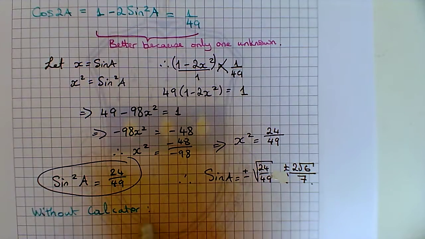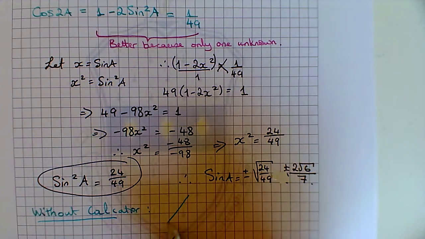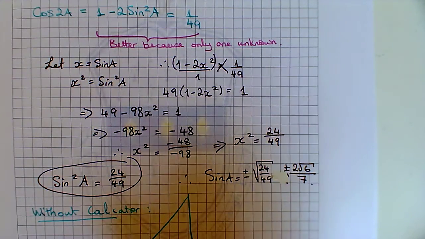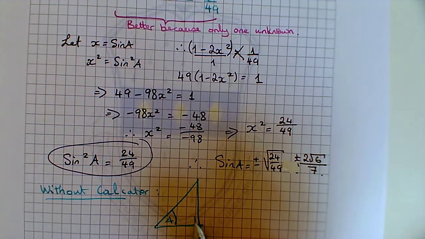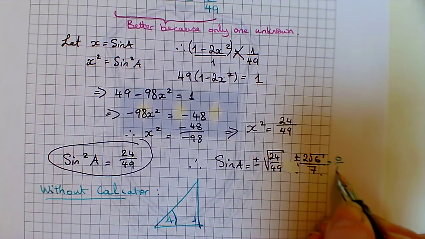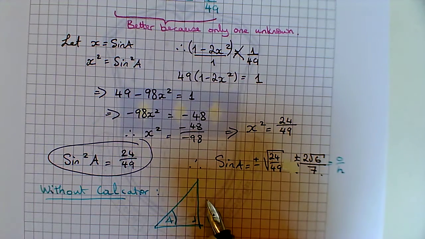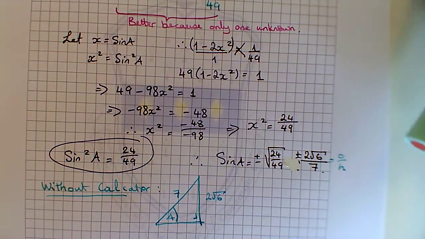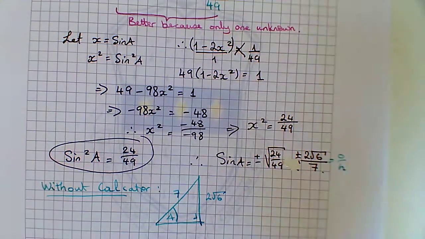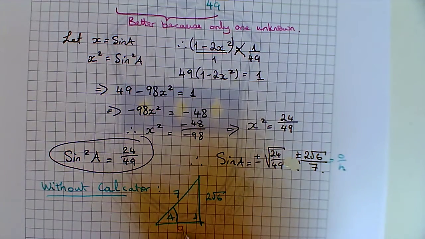So for these kinds of questions, you need to draw your right-angled triangle, my angle A down here, and my opposite over my hypotenuse, 2 root 6 over 7, and then I can use Pythagoras to find the missing side down here, the adjacent.